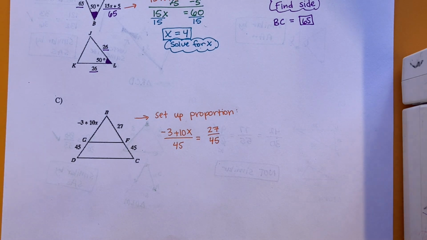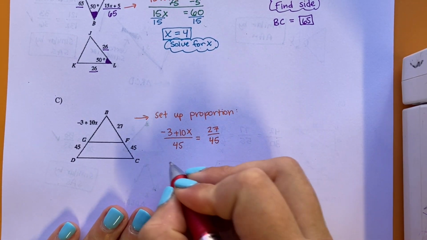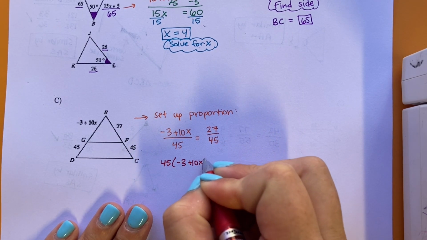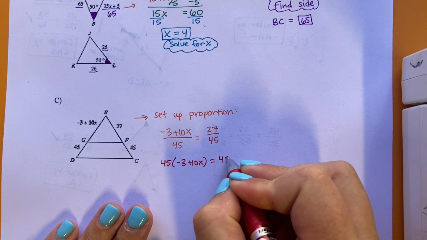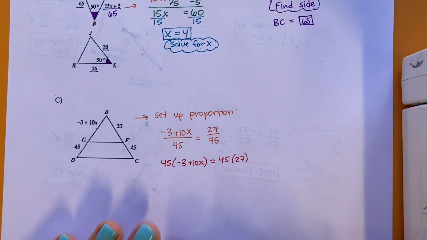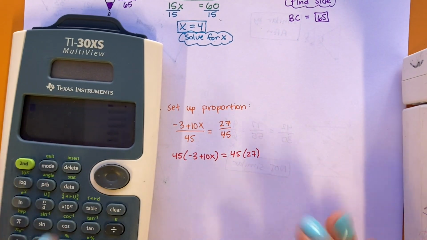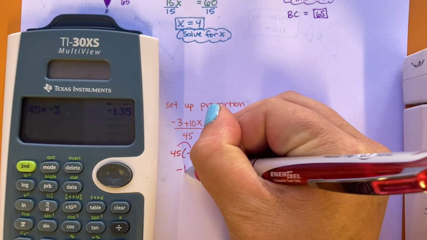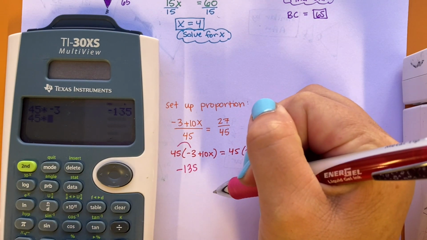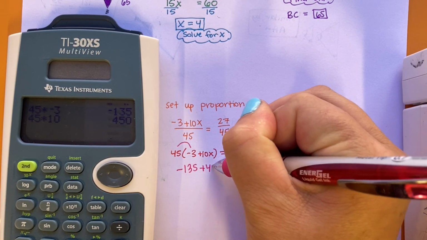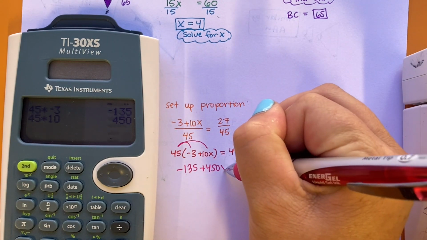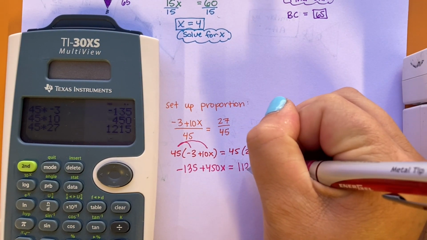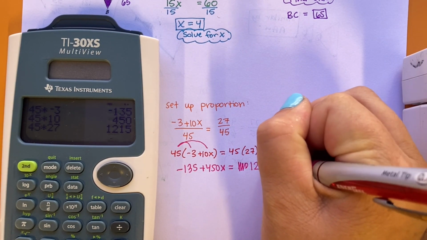Then we're going to cross multiply. So when I cross multiply, that's going to give me 45 times -3 plus 10x equal to 45 times 27. 45 times -3, -135. 45 times 10, positive 450 with an x on it, equals 45 times 27, whoops, I was wrong, 1,215.